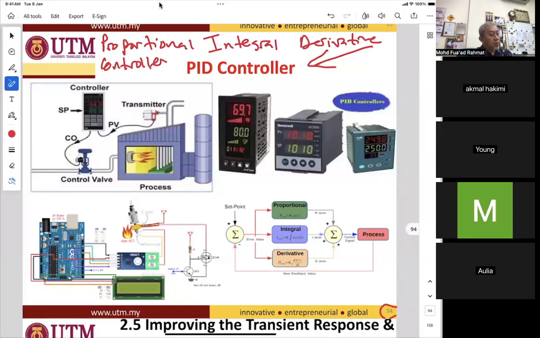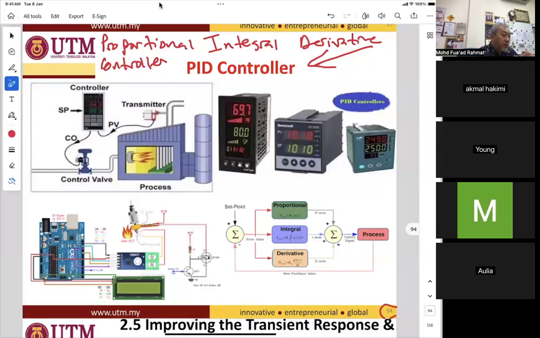It is applied in a lot of industry: in the energy industry, in transport, in agencies, in semiconductor companies and so on. So actually it is a worldwide controller applied in industry.